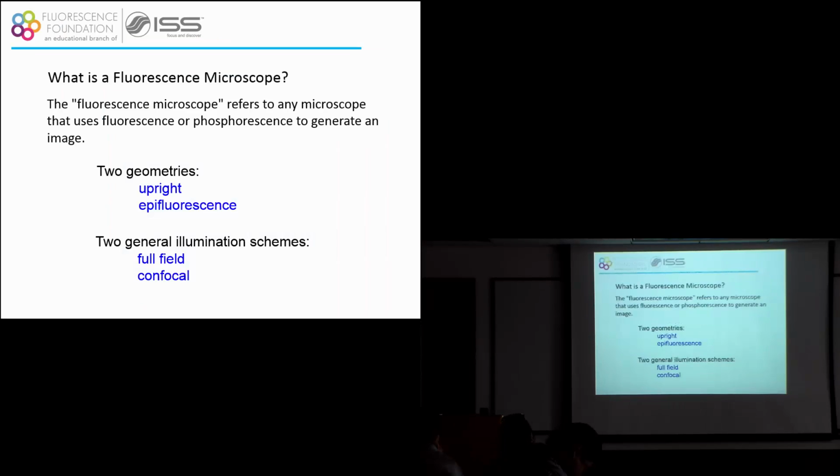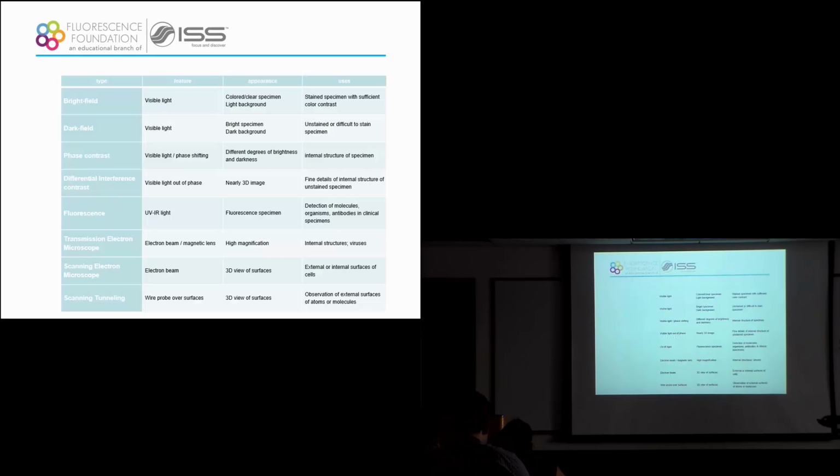So we saw the definition of fluorescence yesterday, and there are several types of microscopy, and that's very interesting. There are several microscopes and several applications of microscopy. The fluorescence, believe it or not, is on this line here.